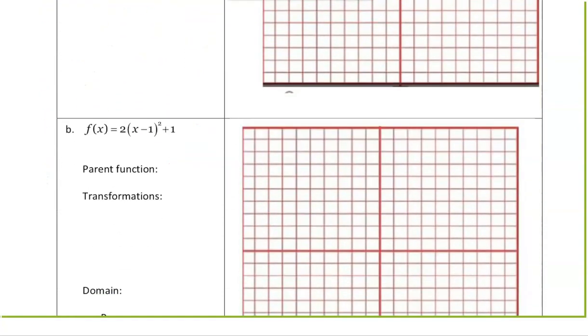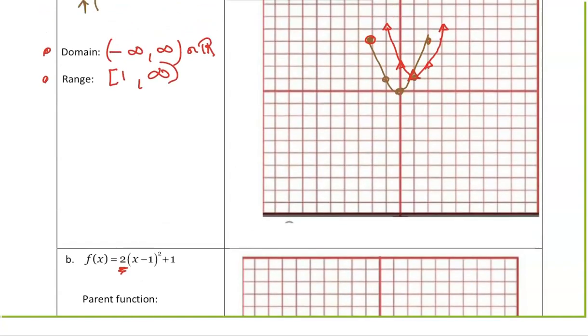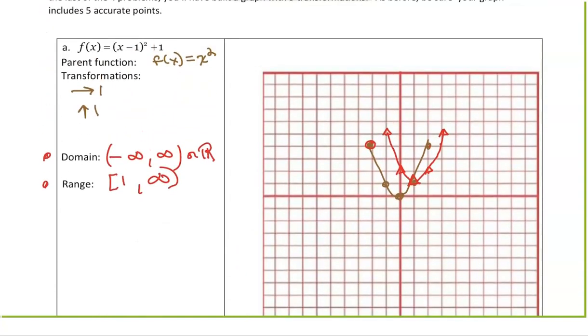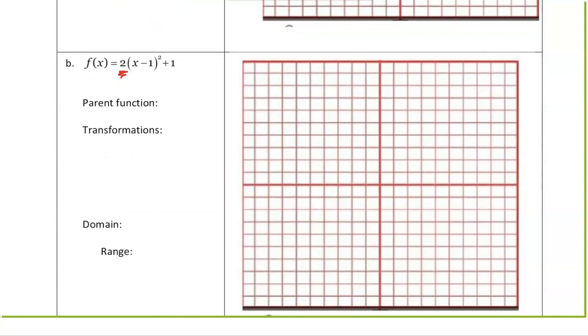Take the exact same function, and now you're going to stretch it by 2. So that means that I can say that I'm going to do this, right? So let me just say copy. So I'm doing that exact thing, paste. And then what am I going to do next? So I'm going to change to brown.